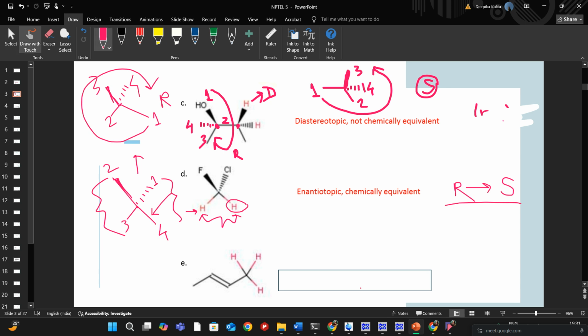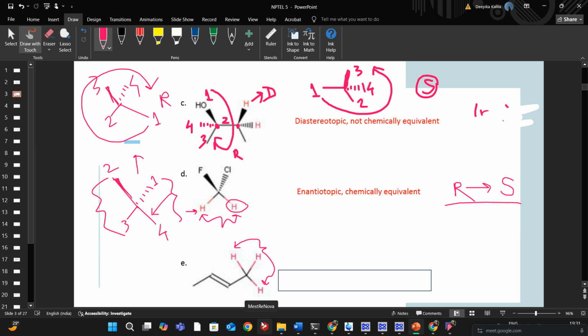Similarly, in the next molecule, these three protons which are highlighted with pink are given, and we have to figure out whether these are homotopic, enantiotopic or diastereotopic.